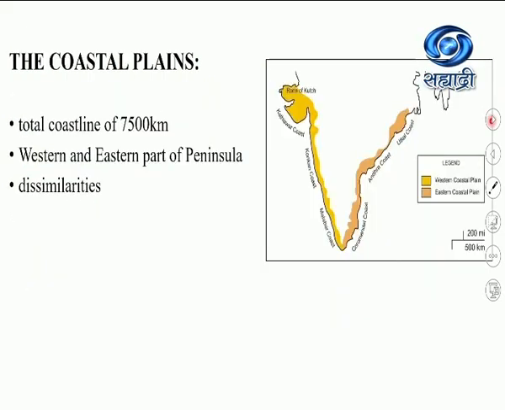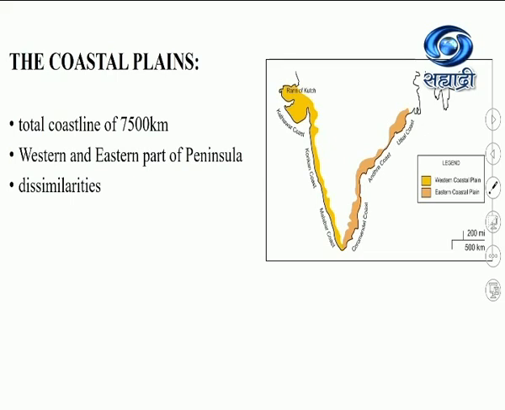Now coming to the coastal plains, the name suggests the coast. Now in peninsula, we have studied that the peninsular region is bordered by the Western Ghats and the Eastern Ghats. So definitely there is a huge coastline which is present bordering the Indian subcontinent.